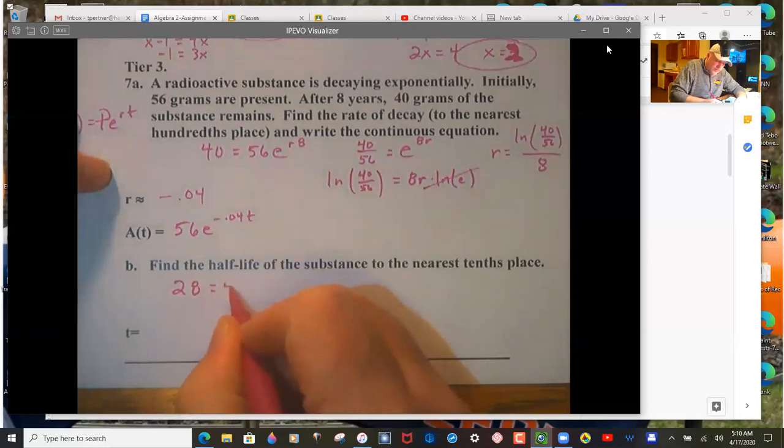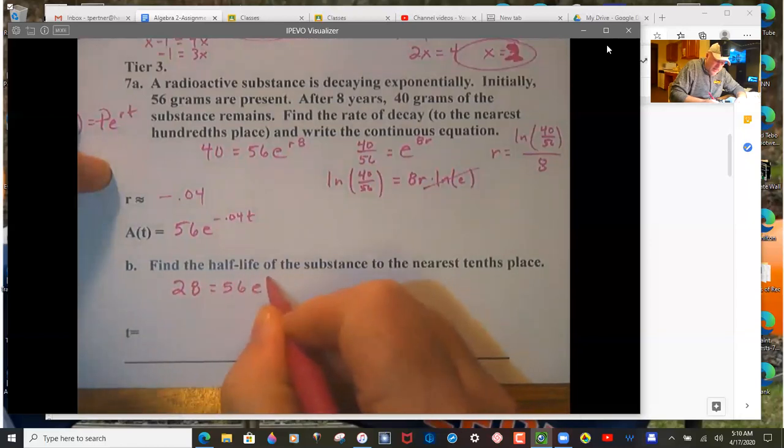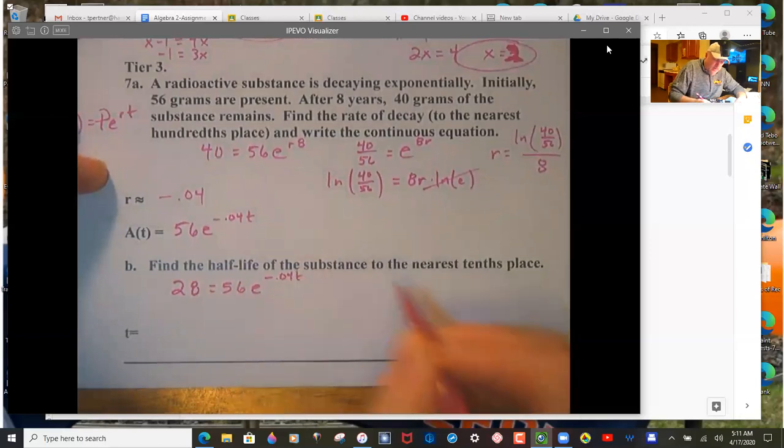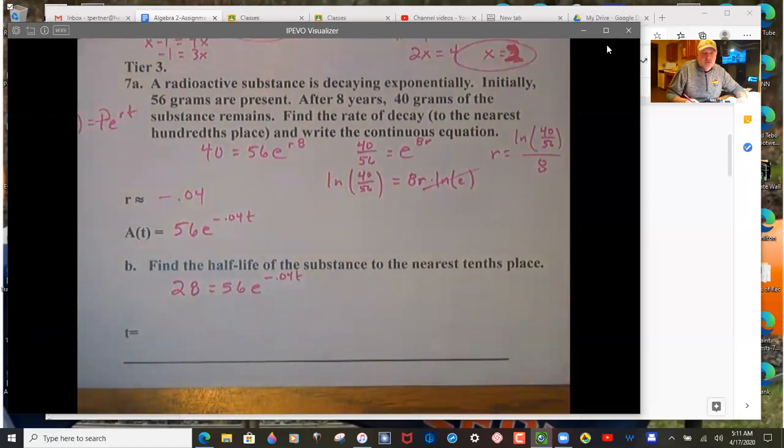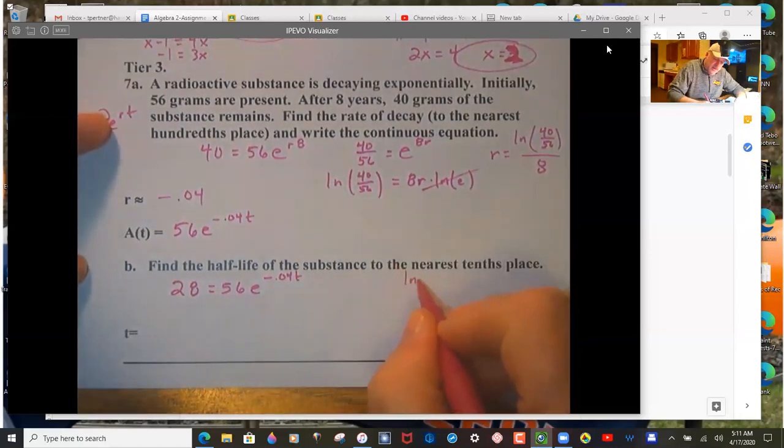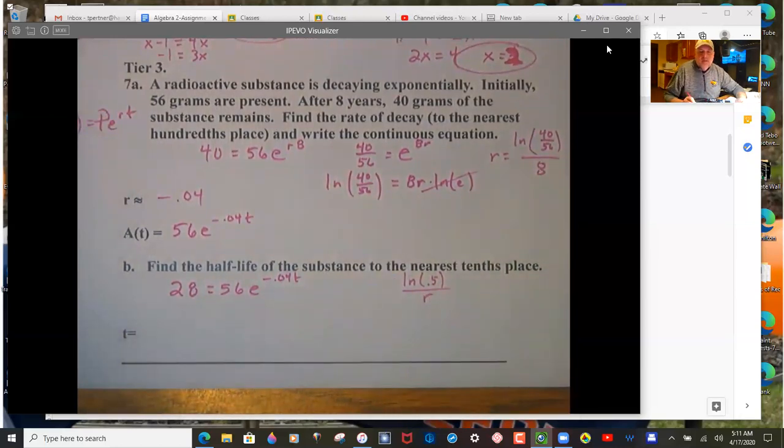And yes, if you've been following along, you should know that you're just going to end up with ln of 0.5 over R every time. Because when you divide, half is left, so you always get 0.5 on the left.